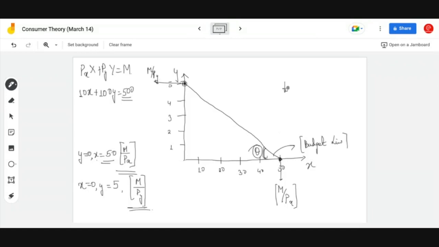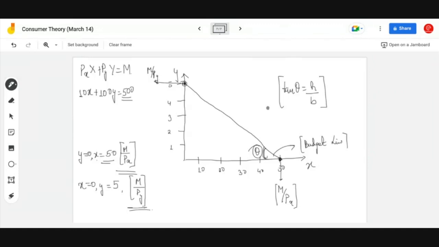So tan theta is height upon base. Yes or no? Everyone, do you know this tan theta, height upon base? Okay.